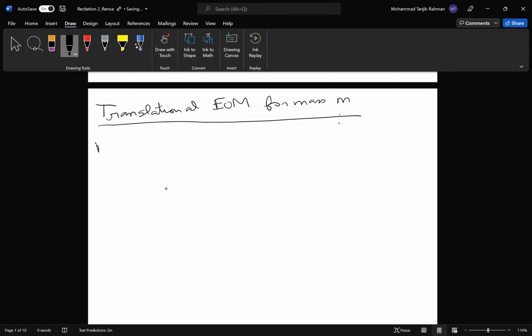So our free body diagram would be, this is the mass M. We will have a spring force Kx, and let's just assume F as our reaction force, and also the displacement is in this direction.